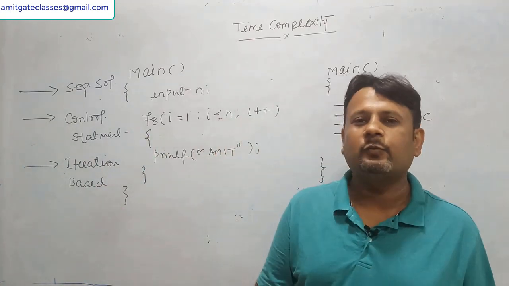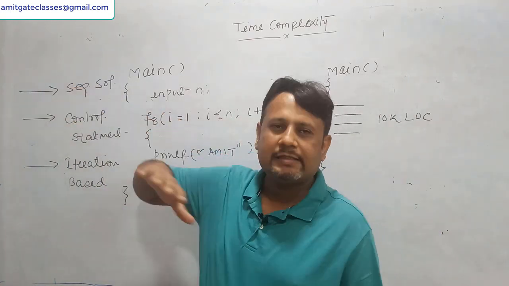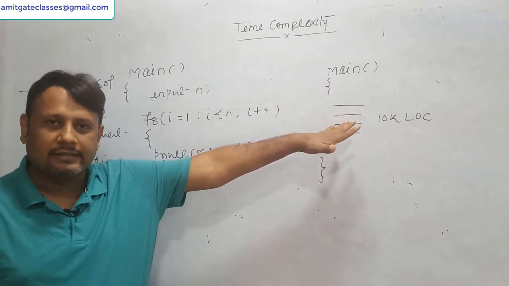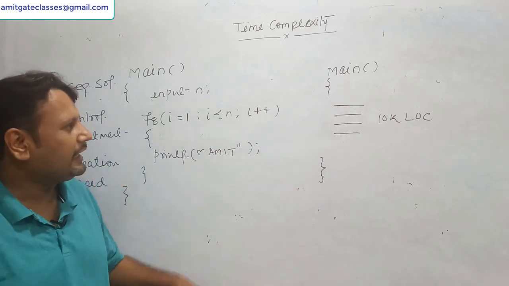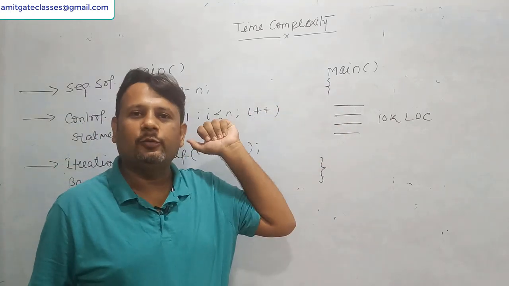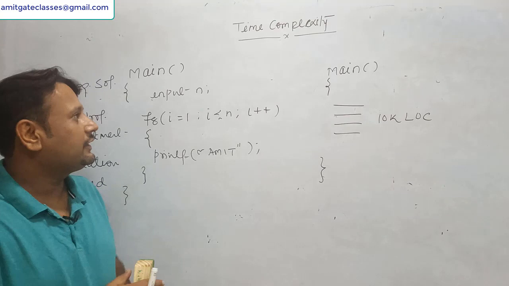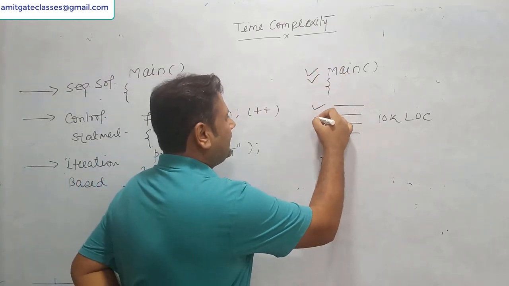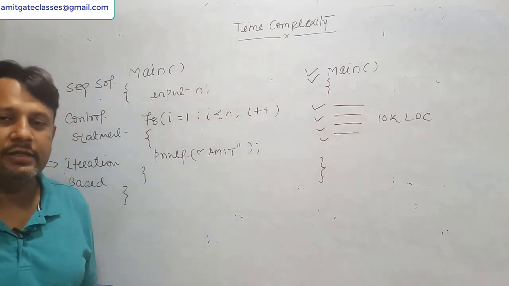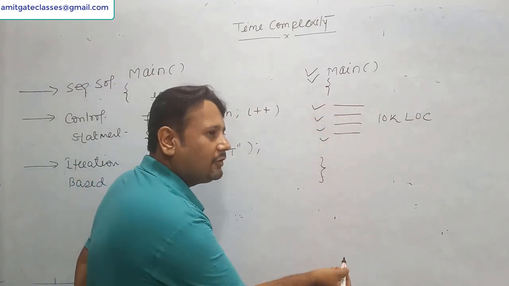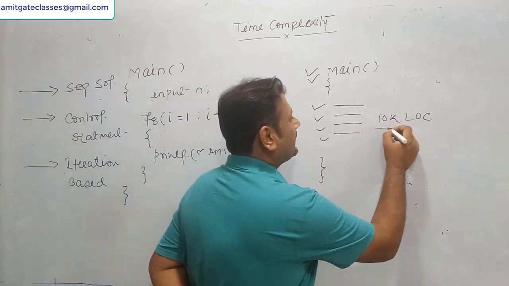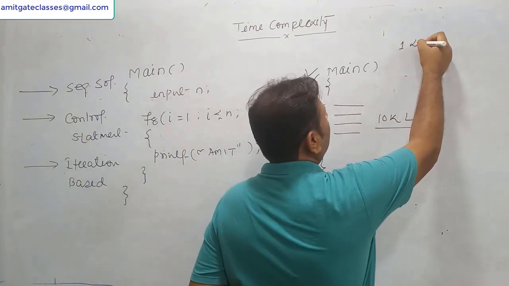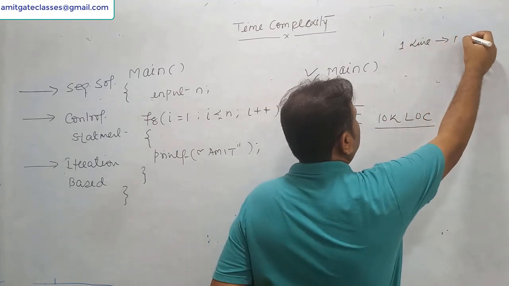There are some problems where, let's say I have written a program with 10,000 lines of code. Each and every line is independent of each other. As we know, the execution of the program will start from main, and every single line is going to be executed. Just take an assumption that one line is going to take 1 millisecond.